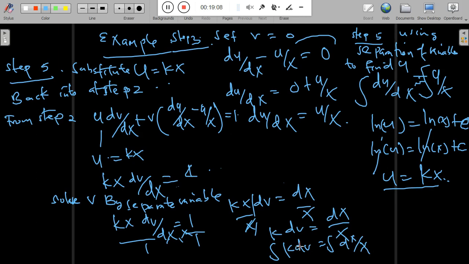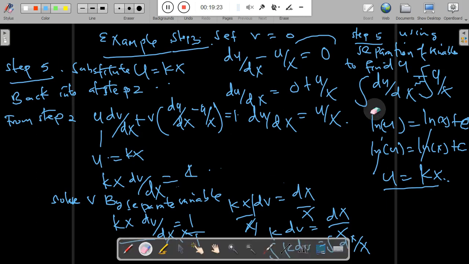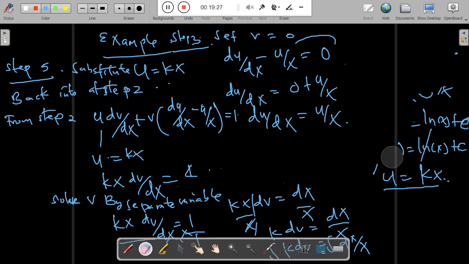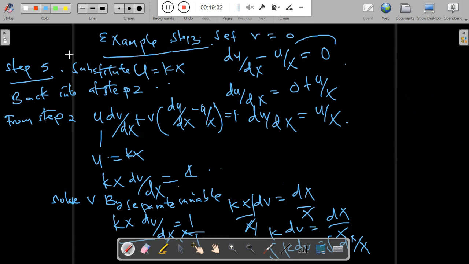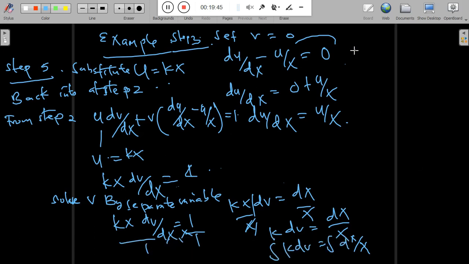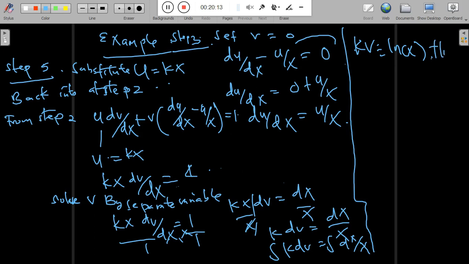So we integrate both sides so as we can obtain the value of v. So we remain with ln x. So kv is equal to ln x, then plus c, which is constant.